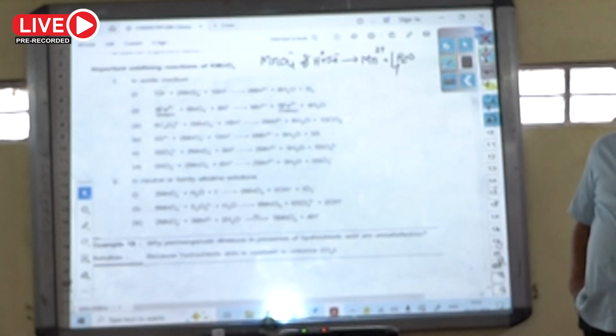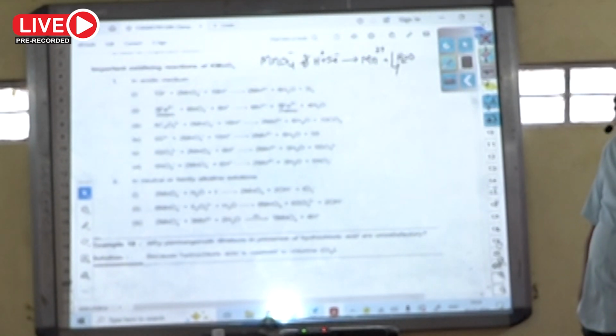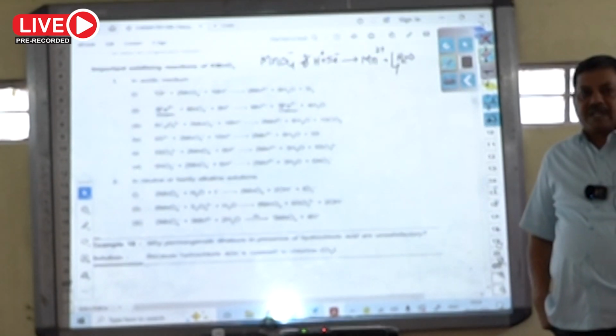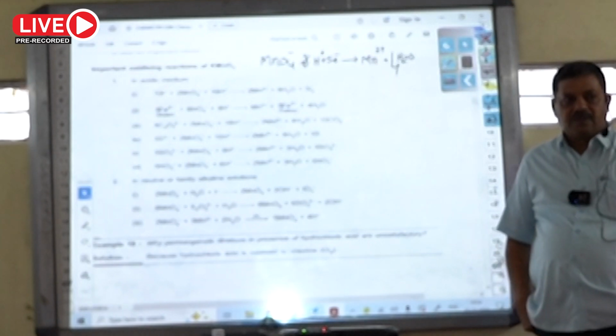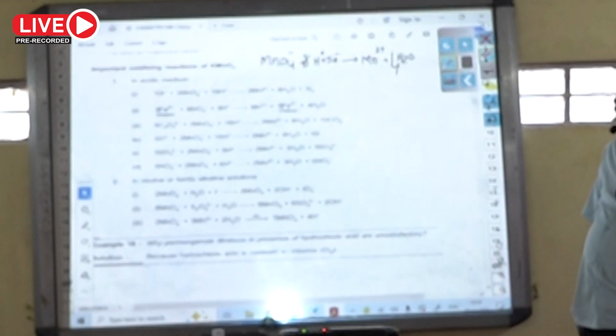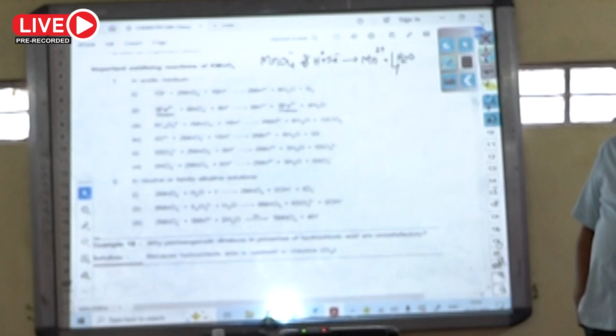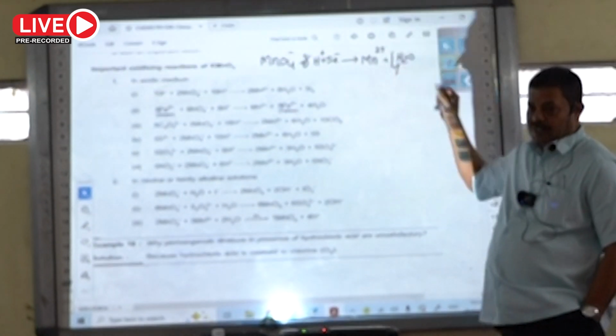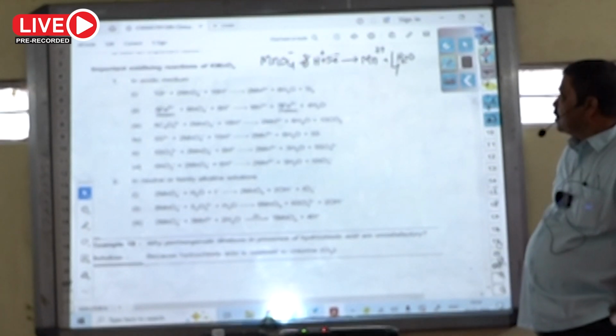So on the left side, 5 electrons, 5 negative charges, and MnO4 carries 1 unit of negative. Total 6 negative, 8 positive. Net positive becomes 2, and this also is 2 plus.